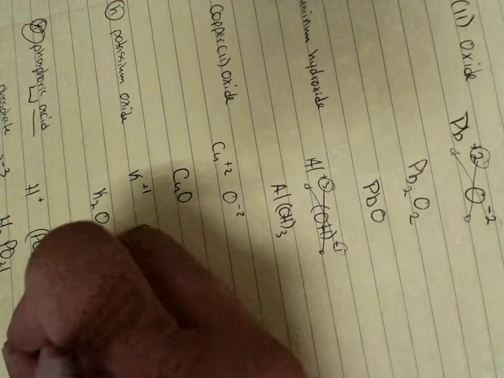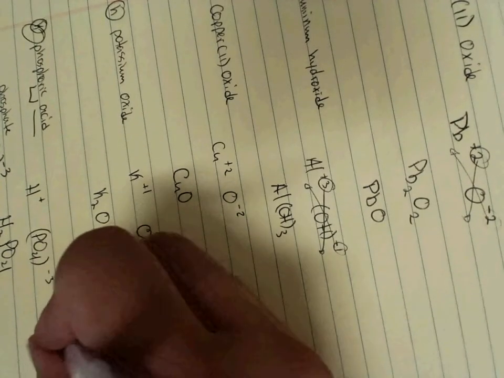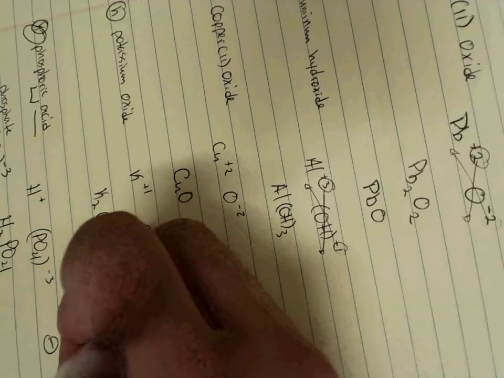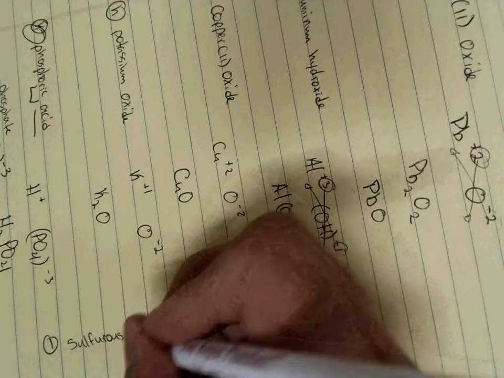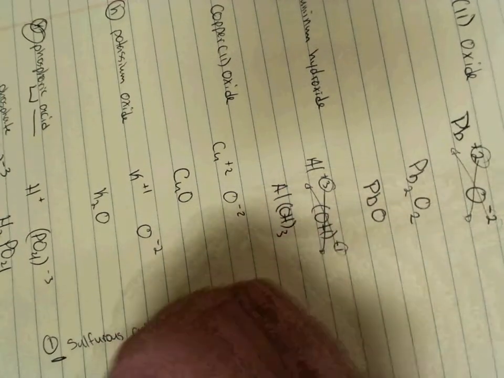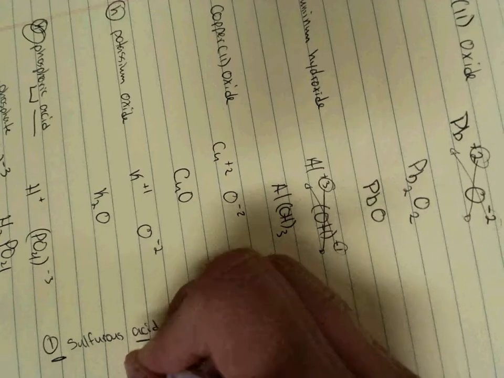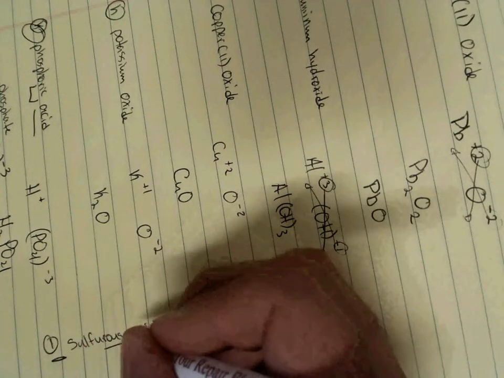Then I have sulfurous acid. Again, I have an acid, and there is no hydro in the front. That means it's a polyatomic ion. So I should start with H. H is a plus 1. And I have sulfurous.